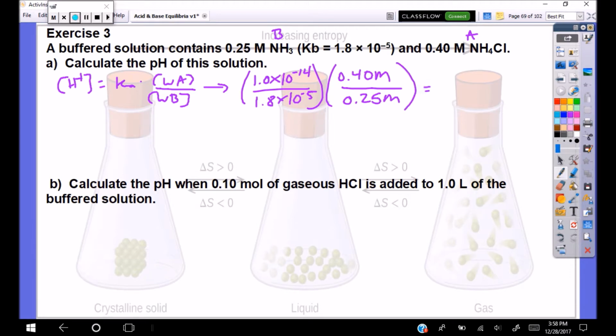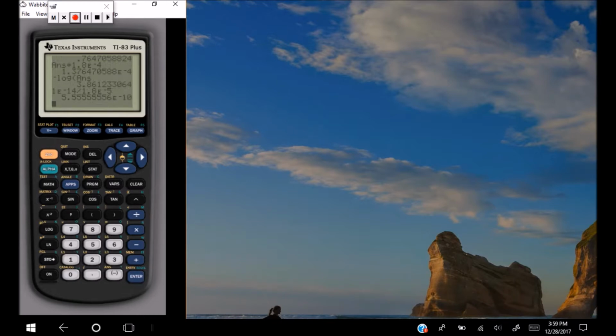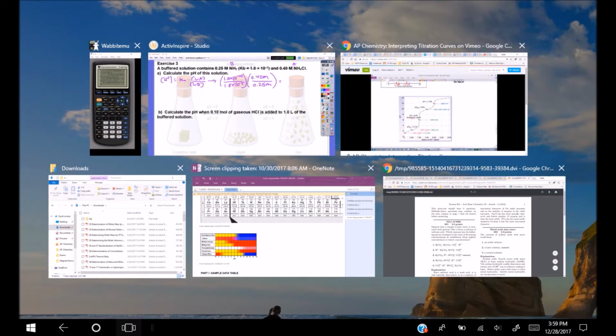When I do that, 1 e to the negative 14th divided by 1.8 e to the negative 5th, 5.56 times 10 to the negative 5th is going to be my Kb value. Sorry, 10 to the negative 10th. My bad. 5.56 times 10 to the negative 10th is my Ka, times 0.4 divided by 0.25. Alright, and I get 8.9.